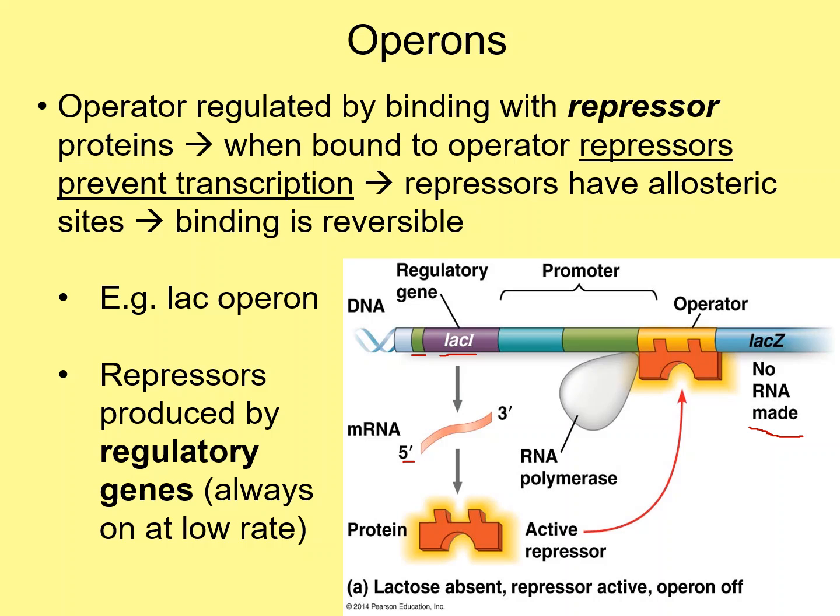And so what can happen is either they require something to make them active, and if that something is missing, then they are in the inactive form, or they exist in an active form and an inactive form. They spontaneously go back and forth between, and you have activators that lock them in the active form and repressors that lock them in the inactive form.